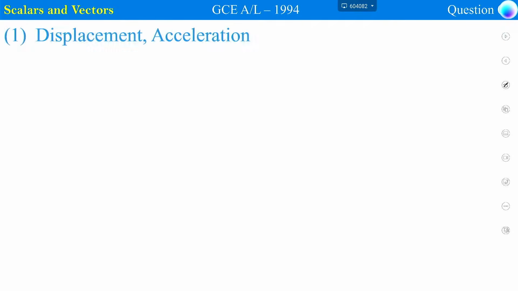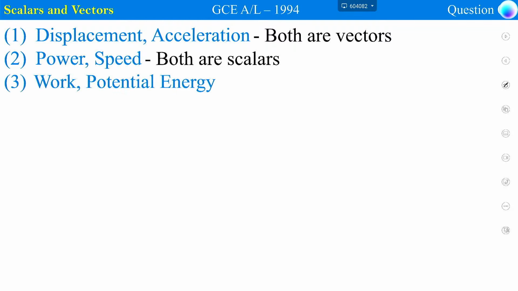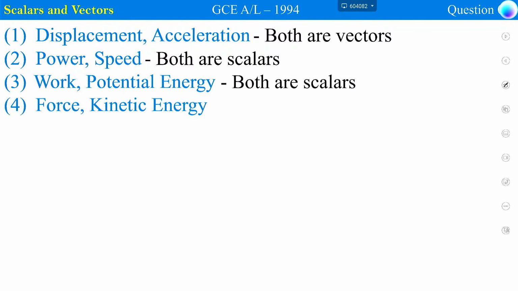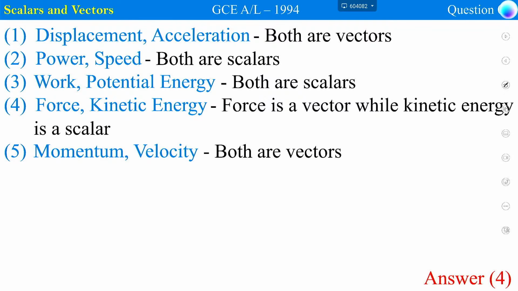Now we know that displacement is a vector, acceleration is a vector, power is a scalar, speed is a scalar, work is a scalar, potential energy is a scalar, force is a vector, kinetic energy is a scalar, momentum is a vector, velocity is a vector. So the answer is the fourth one.